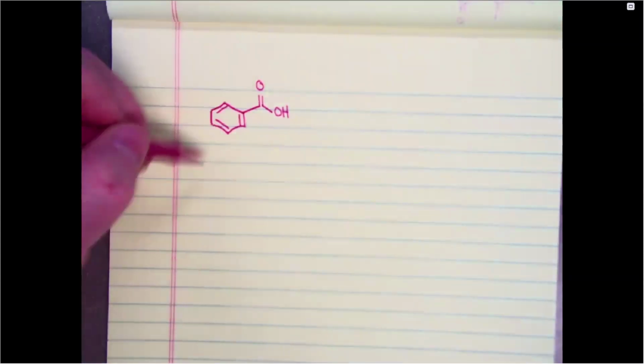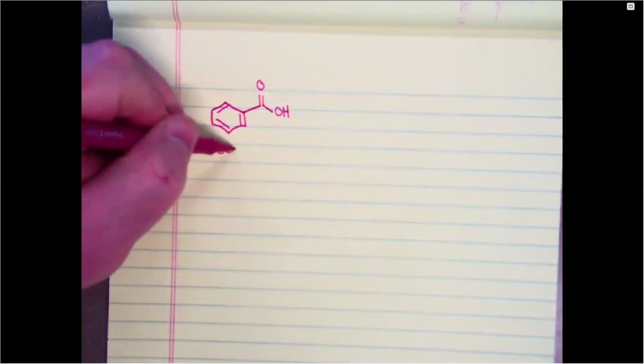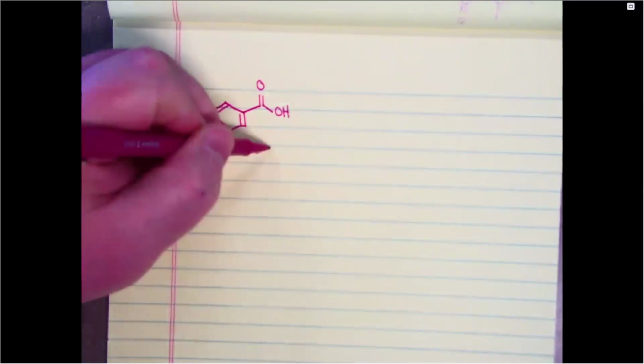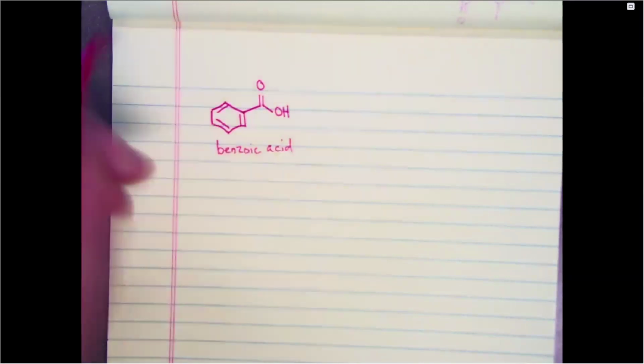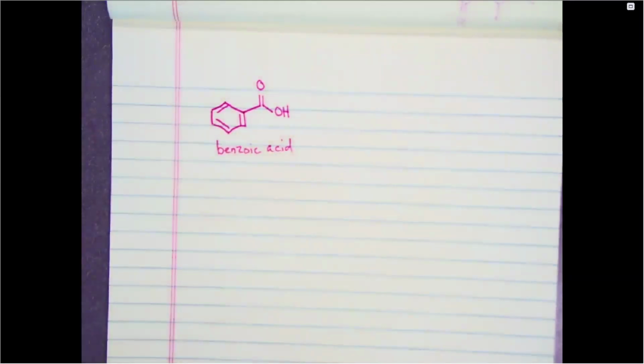All right. So let's look at an example. This is another carboxylic acid that has a common name. This common name is so common that it's actually used as part of the IUPAC system now.